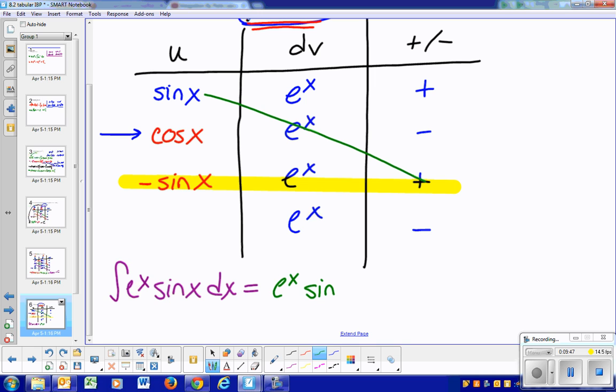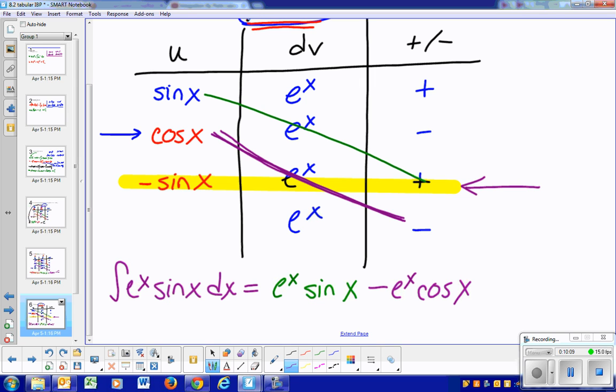And then my next diagonal is this guy, which is going to be minus e to the x cosine of x. Okay? Now, as soon as you have the diagonal that I say pierces that magical line that has the same elements as your original, then you stop doing diagonals and you're going to read straight across horizontally.